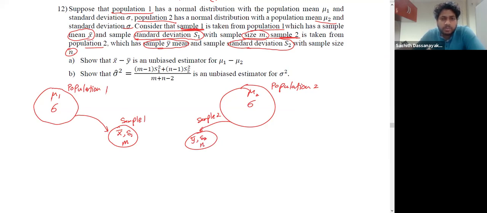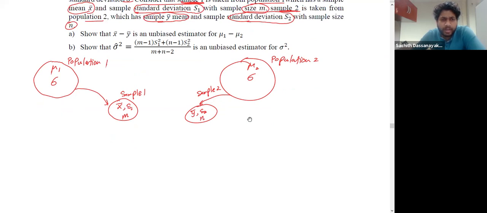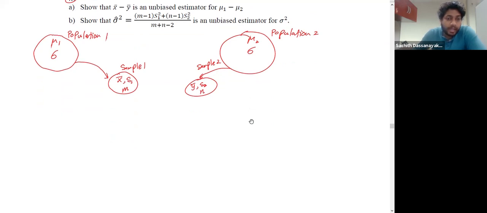Based on these two, before I go to part A, I can write something like this. Consider the first picture. The expected value of x bar is an unbiased estimator for mu1. We know that. I mentioned it when we were talking about unbiased estimators.